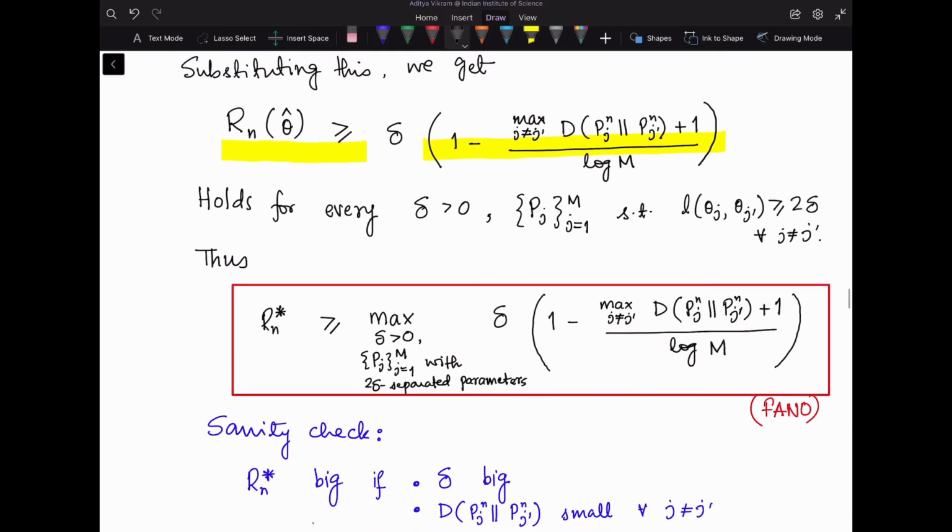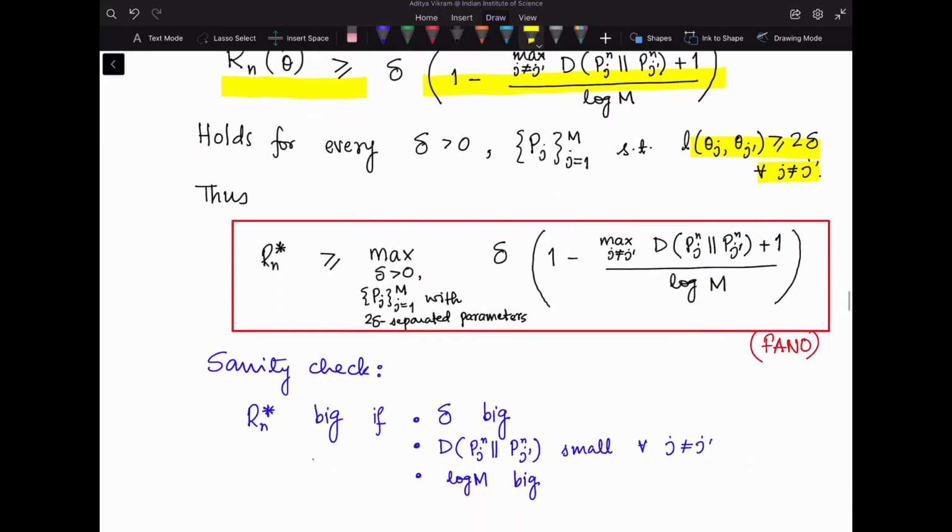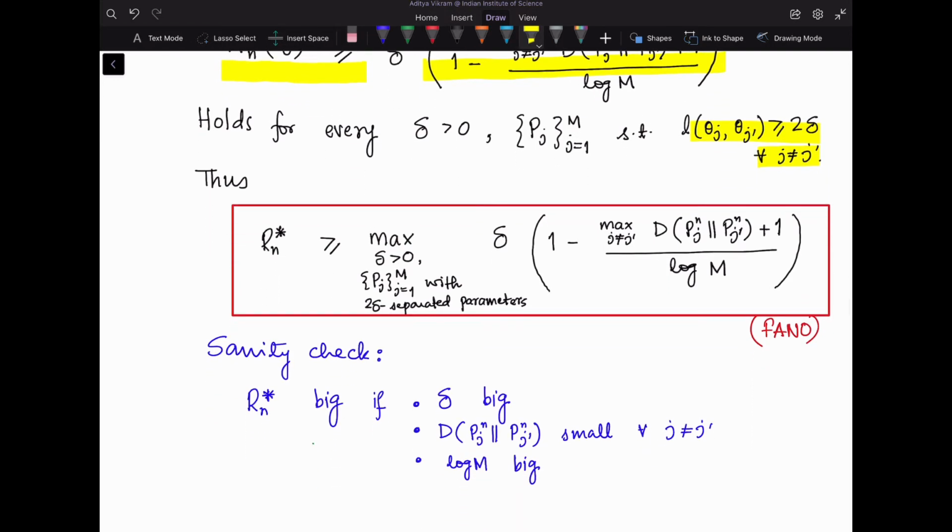So now note this lower bound holds for every delta greater than 0. It will hold for any p1 to pm such that the L of theta j and theta j dash is at least 2 delta. Right. So conditioned on this assumption here, you can choose any p1 to pm and choose any delta. So basically what we get is that Rn star.